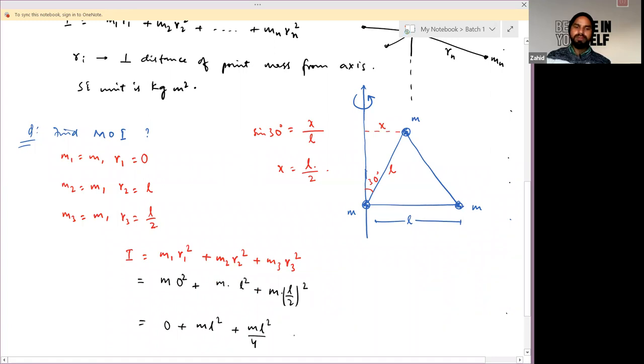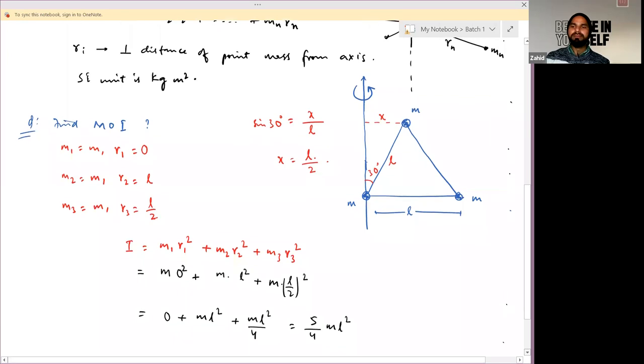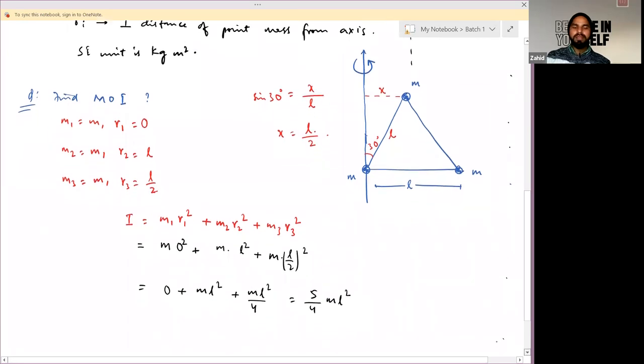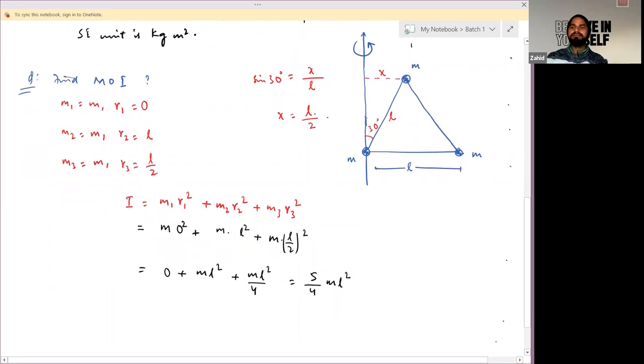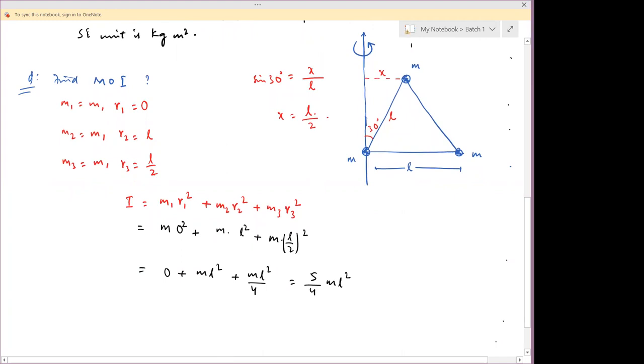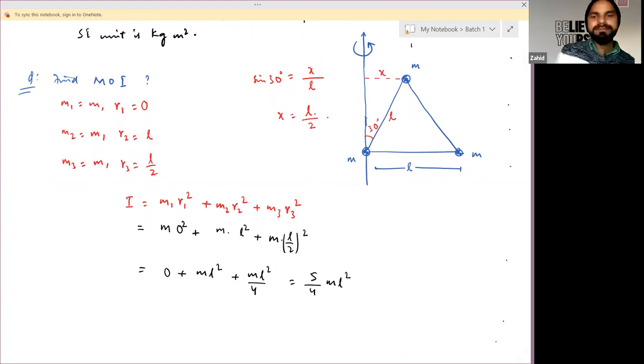So 4 plus 1, it will become 5 by 4 ml square. Okay, Hamza? Yes, sir. Khalid, is it clear? Yes, sir.